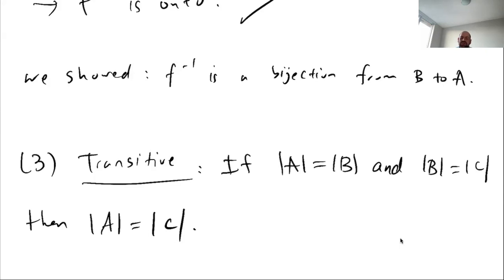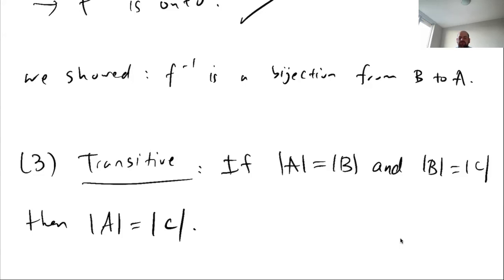So in this case, again, cardinality A equals cardinality B, and cardinality B equals cardinality C, implies cardinality A equals cardinality C. And that means our relation is transitive.